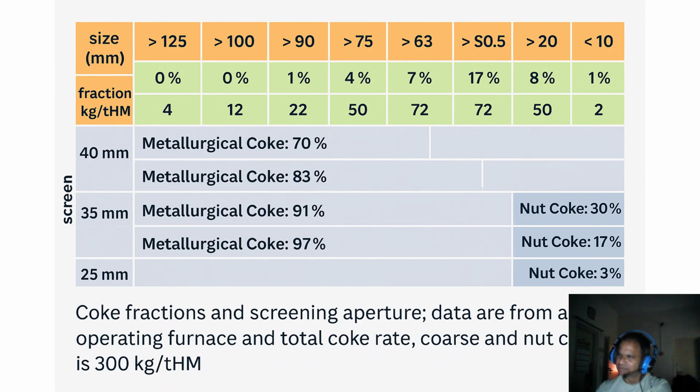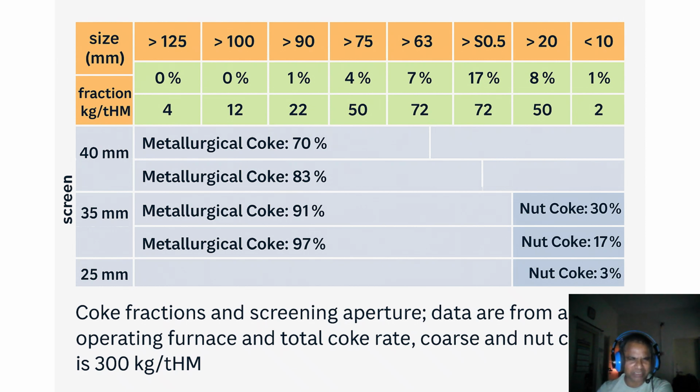And as this chart shows, the aperture size dramatically alters nut coke percentage. So a 40 screen yields over 30%, which we can say is too high. At 35 the nut coke fraction dropped to a manageable 17%.